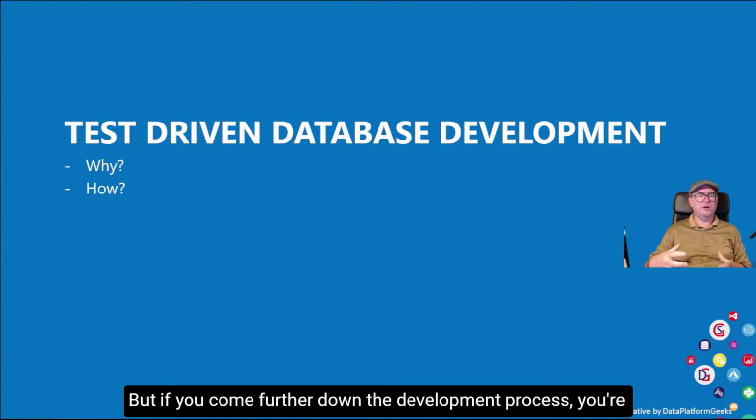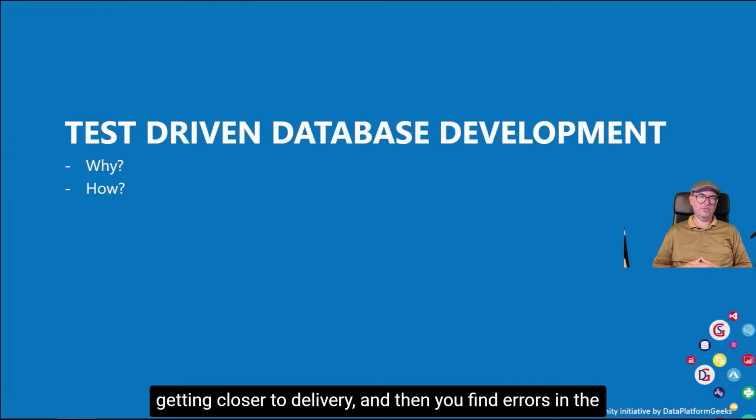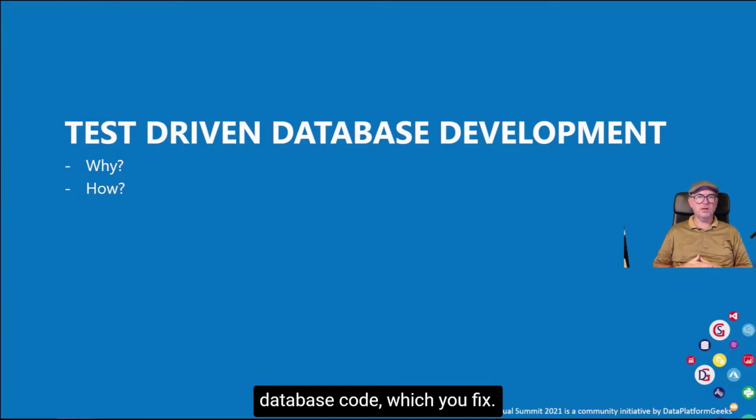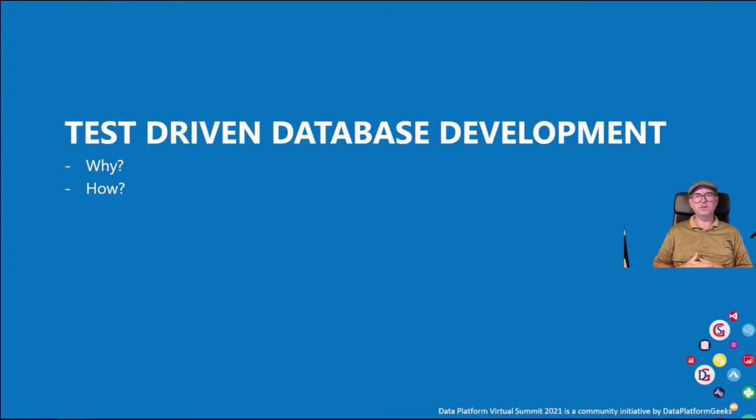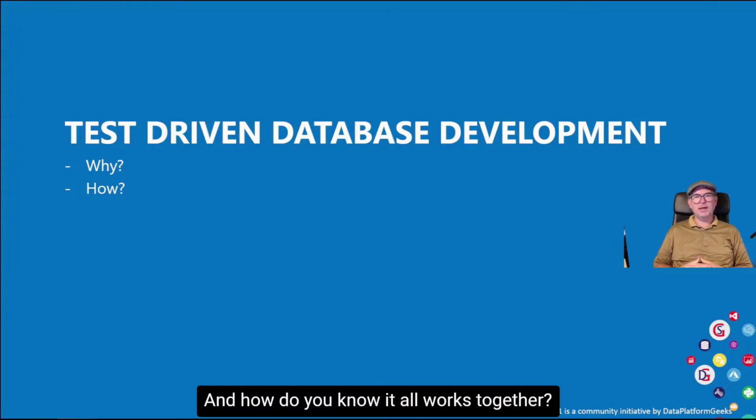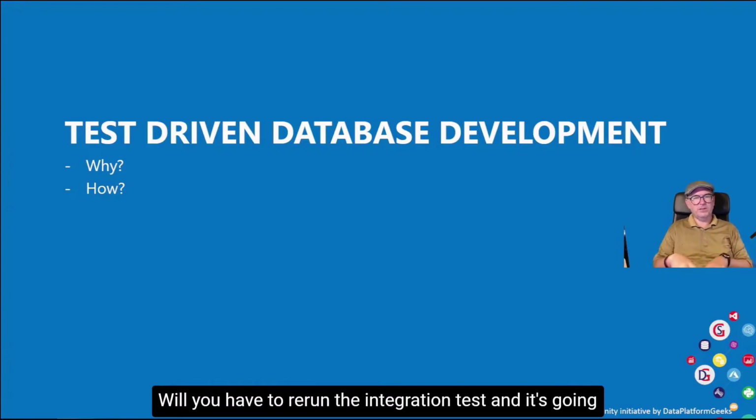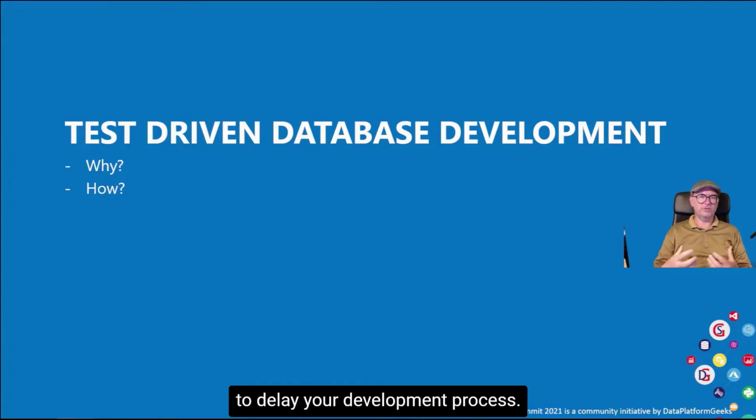But if you come further down the development process, you're getting closer to delivery, and then you find errors in the database code, which you fix. And how do you know it all works together? Well, you have to rerun the integration tests, and it's going to delay your development process.